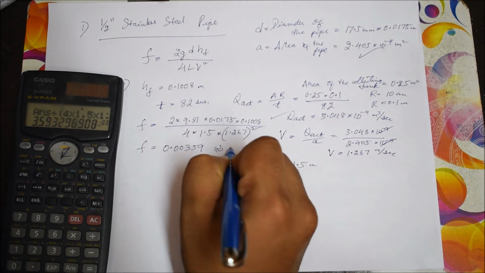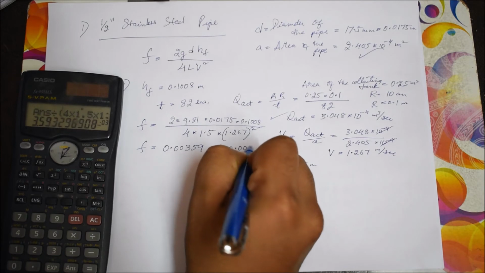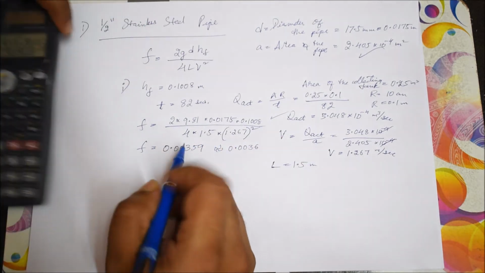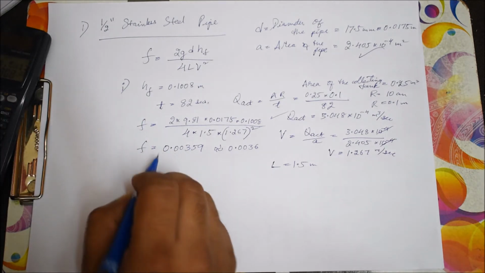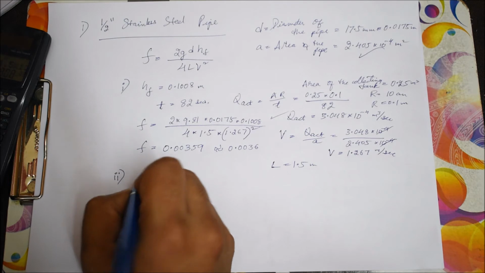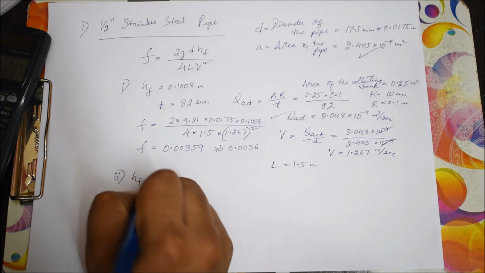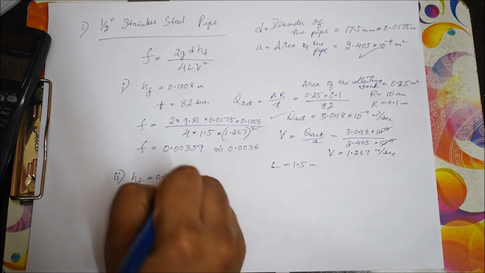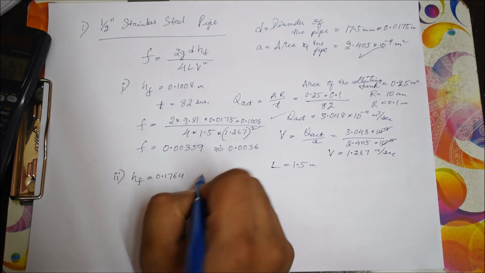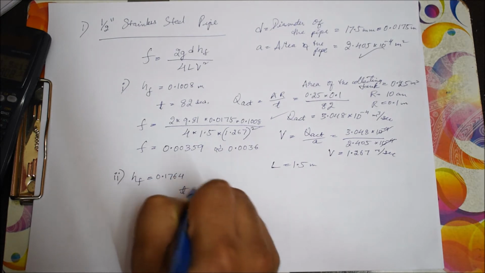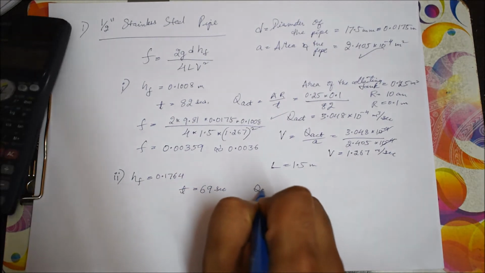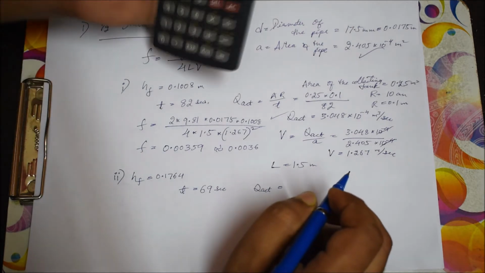Somewhere it is equal to 0.0036. So this is the value of friction factor for the first reading in the half-inch stainless steel pipe. So let us go for calculation of the second reading, where HF is equal to 0.1764. For this T is measured to be 69 seconds.